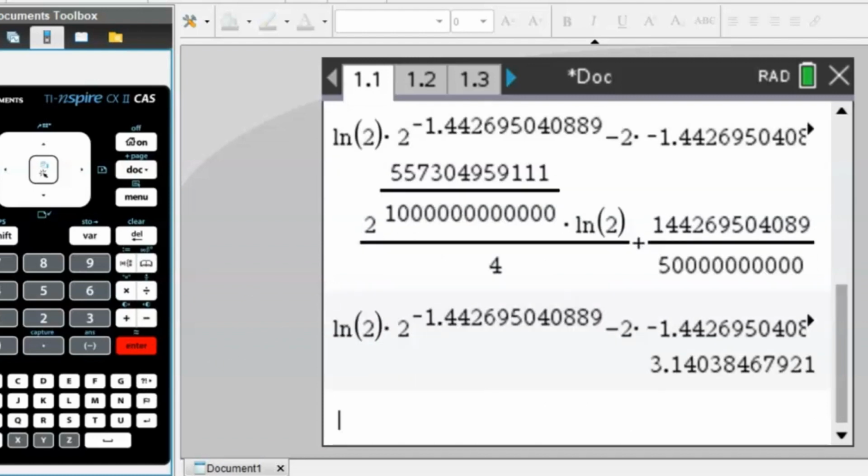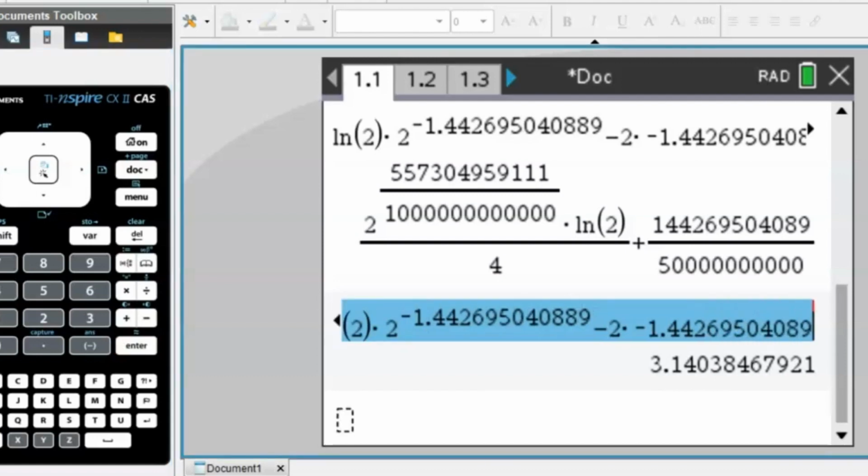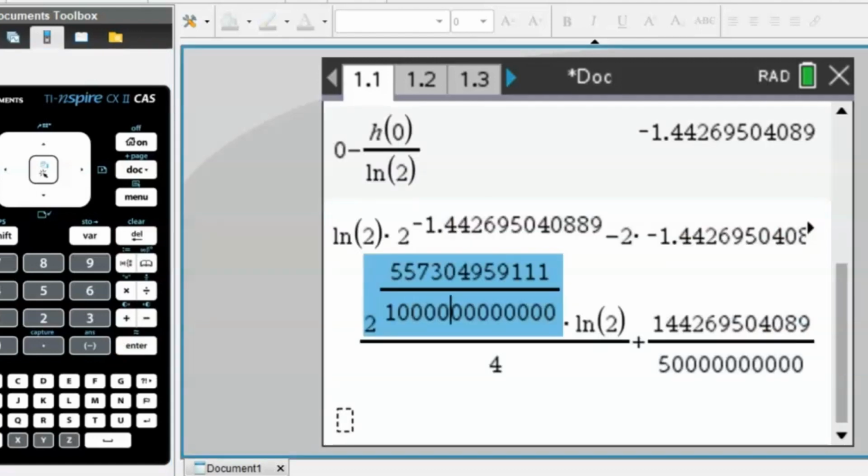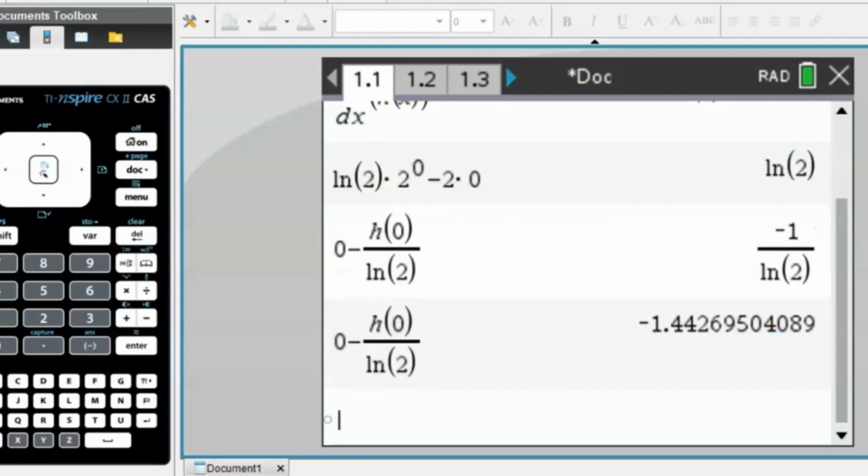Oops, what have I done? I must have done something wrong here. Let me just do that one again.